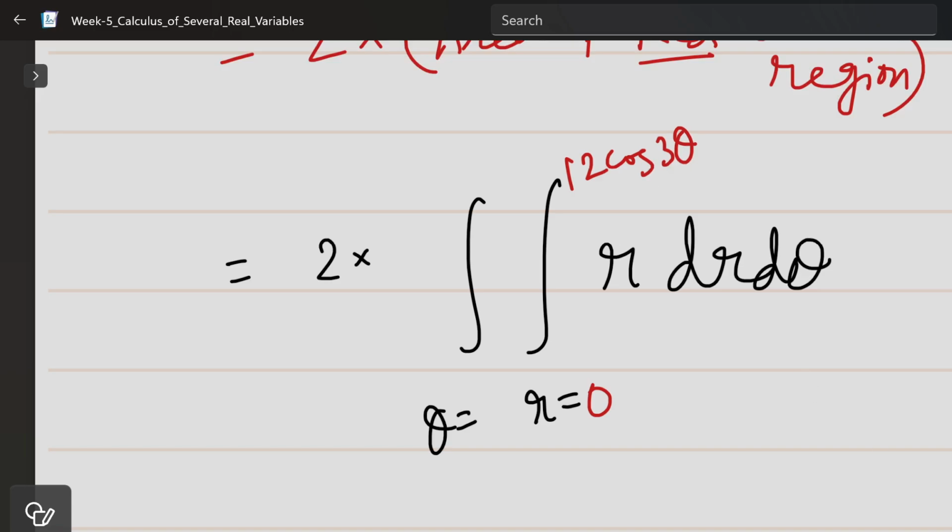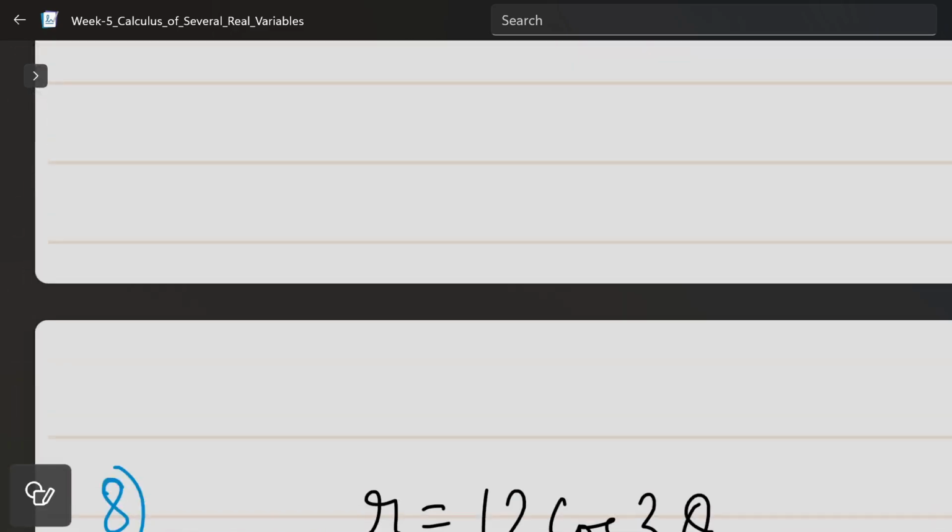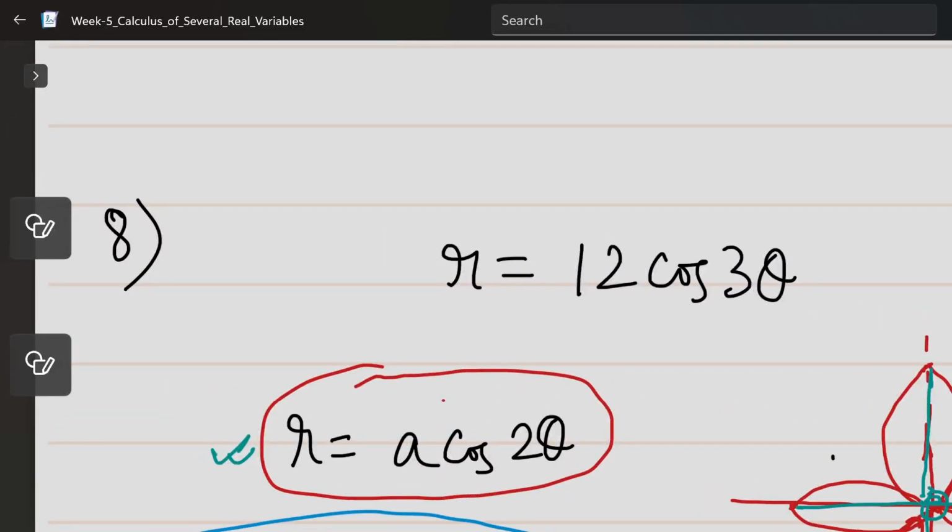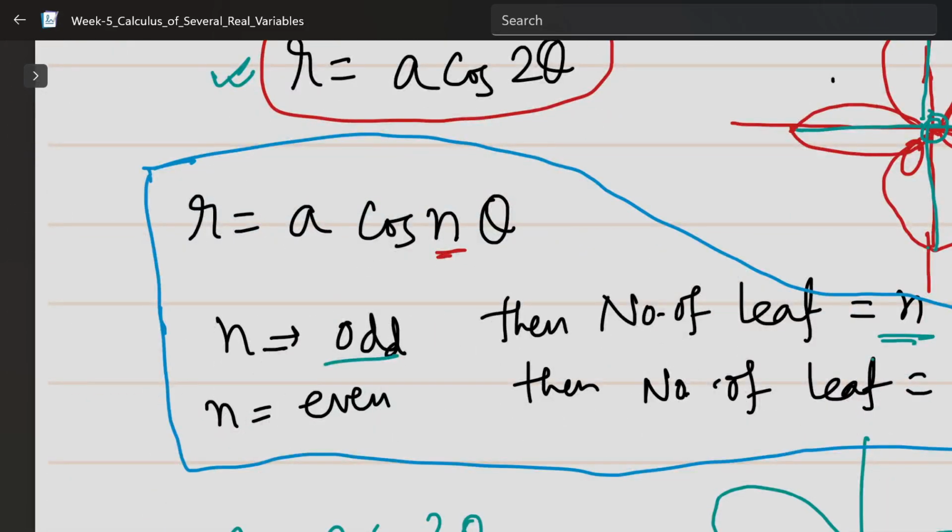And what is theta? Total theta varying from this 0. Theta will go from here to here, right? So theta is varying from 0 to pi by 6. Why am I taking pi by 6? Because if you remember, this angle is pi by 2.